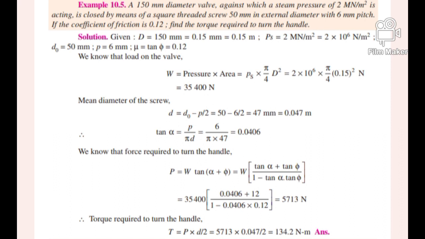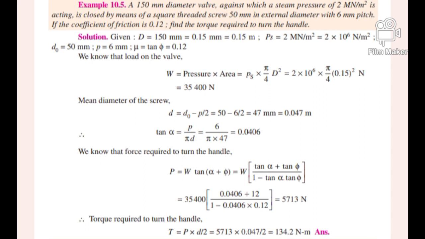Next we have to find the mean diameter of the screw. It is denoted by small d. Small d is equal to d naught minus p by 2. D naught refers to the external diameter of the thread, and p refers to the pitch. By directly applying the values, we get the mean diameter of the screw, which is equal to 0.047 meter.